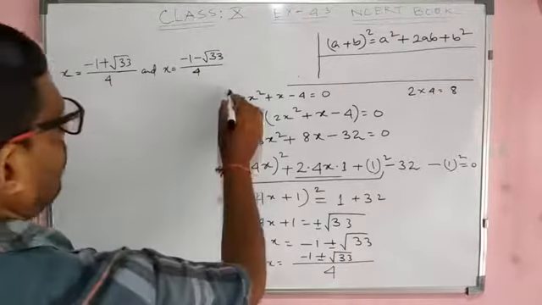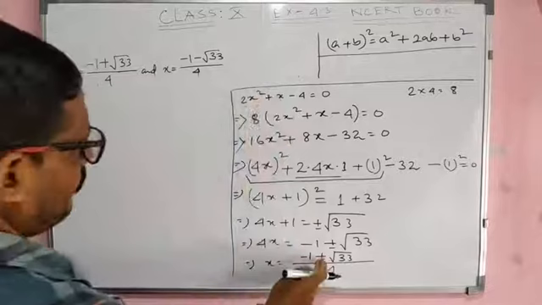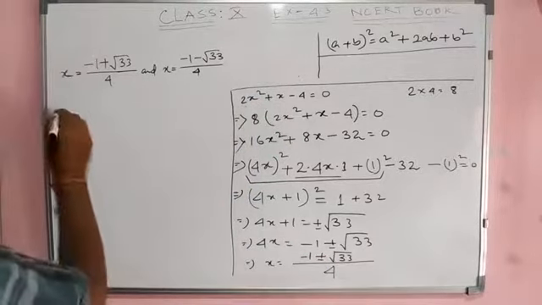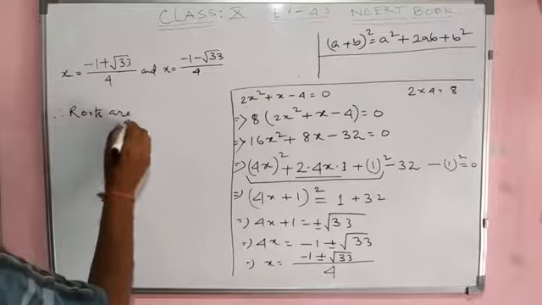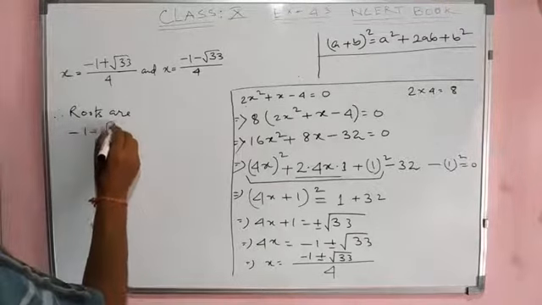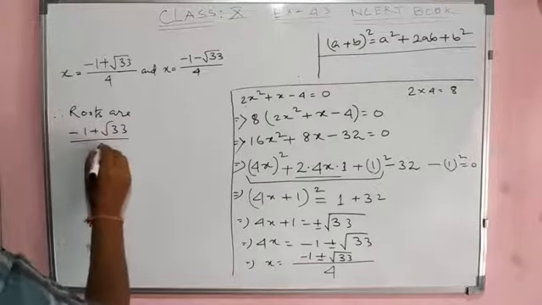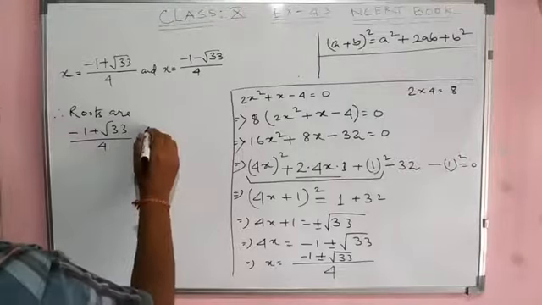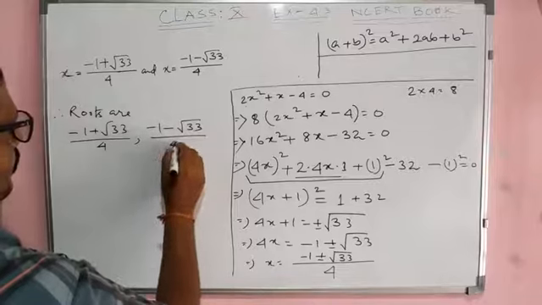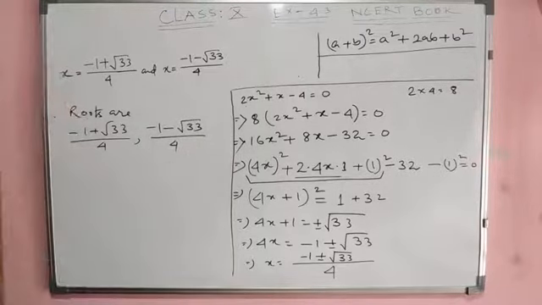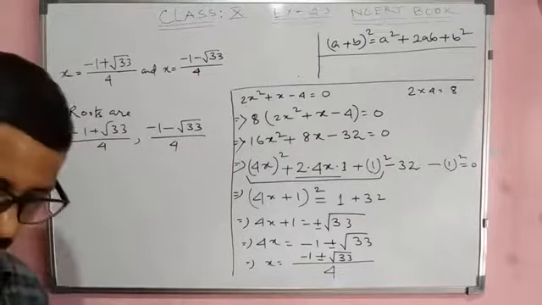One time writing in plus, one time writing in minus. Therefore the roots are minus 1 plus root 33 by 4, and the other one is minus 1 minus root 33 by 4. These are the roots. So this was also by the completing square method.